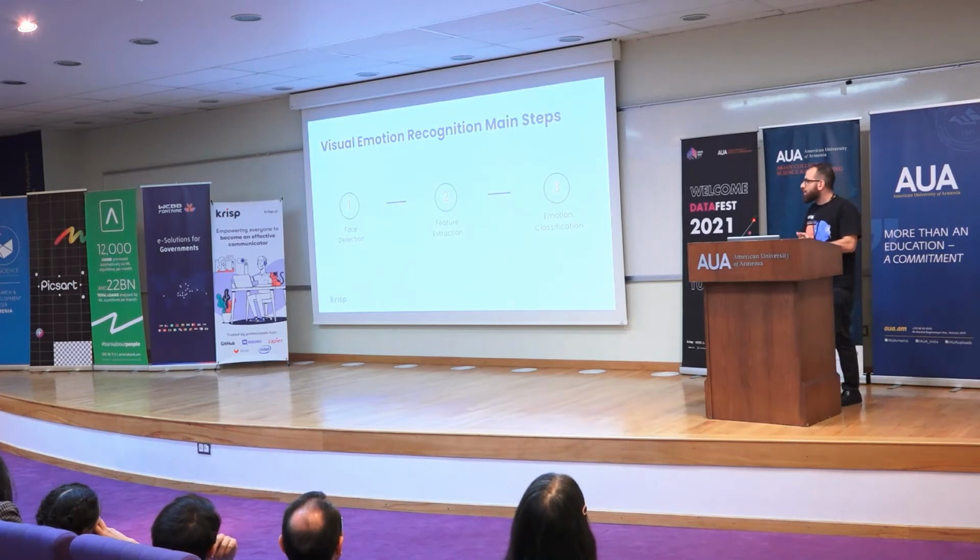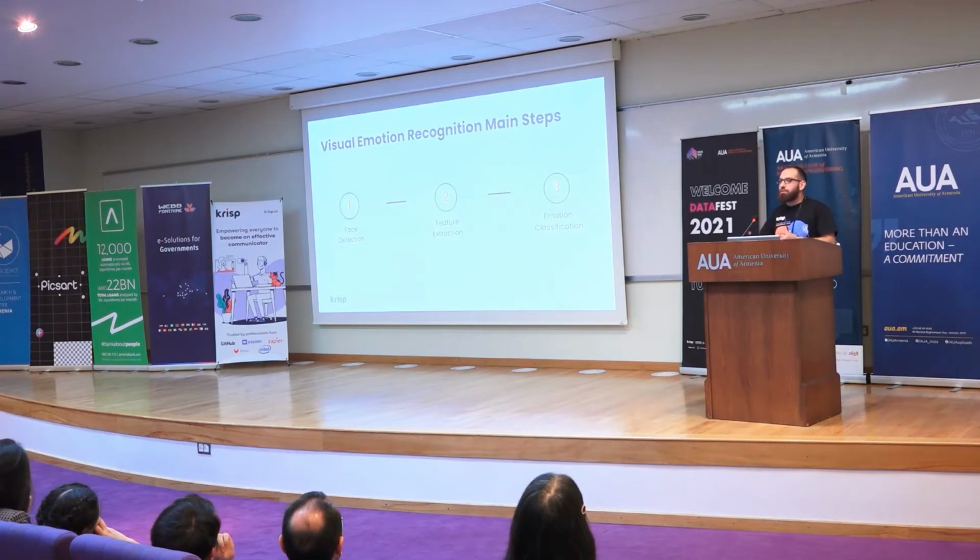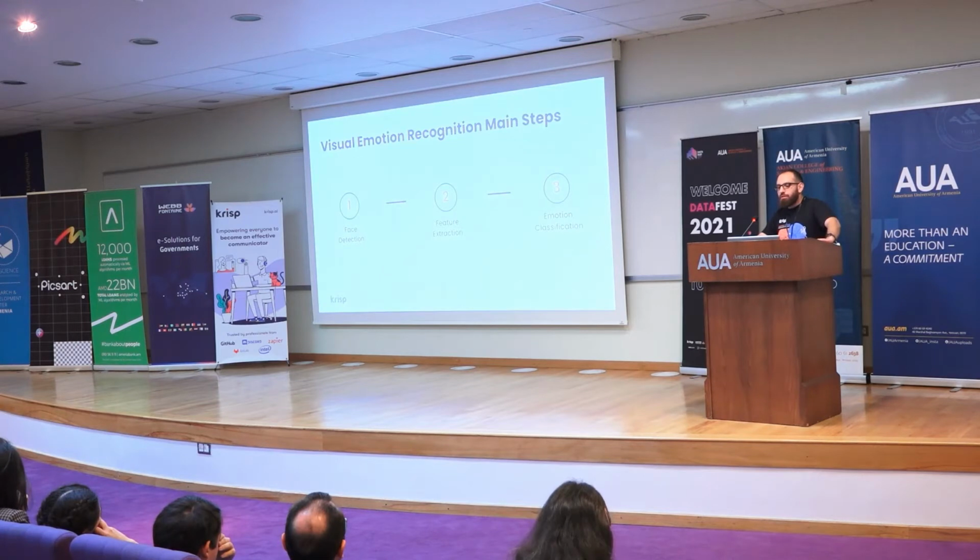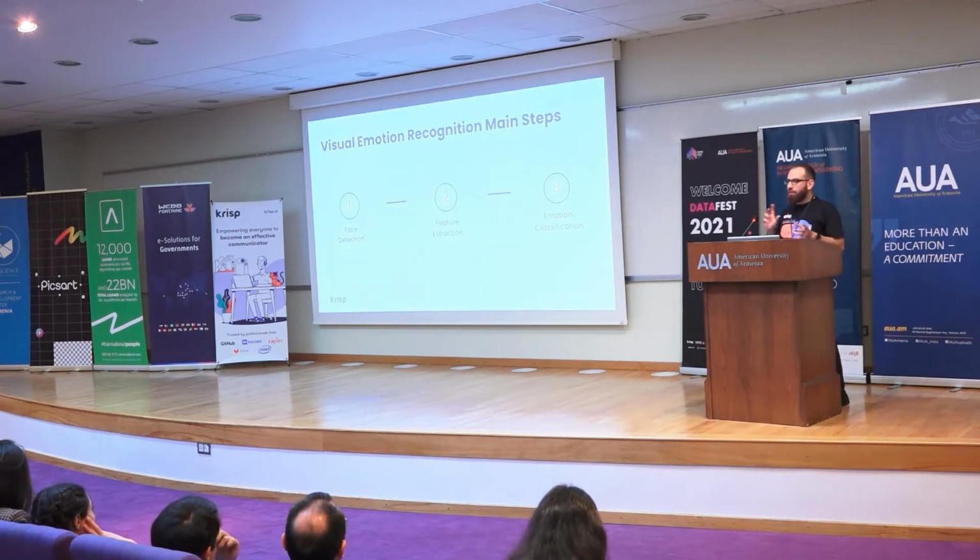So what are the main steps to do visual emotion recognition? To detect emotion from facial expressions, you first have to find the face. You can actually have networks that take images as input and try to figure it out that way, but it's easier for the machine when the researcher separates the problems that can be separated.